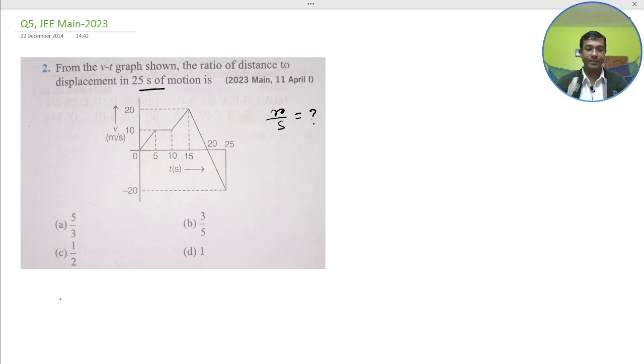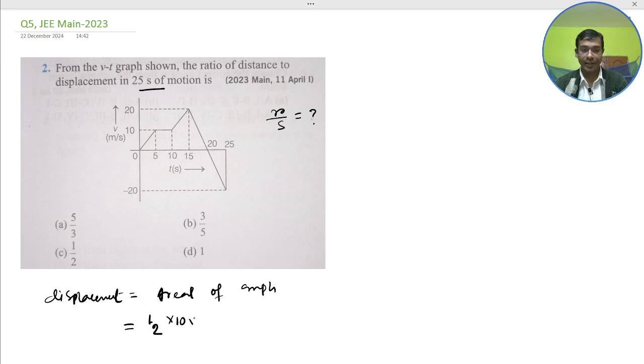So for this concept, displacement is equal to the area of the graph. What is the area? First, this triangle: half base into height, 10 into 5, plus this rectangle, 10 into 5. This one complete, this one complete.